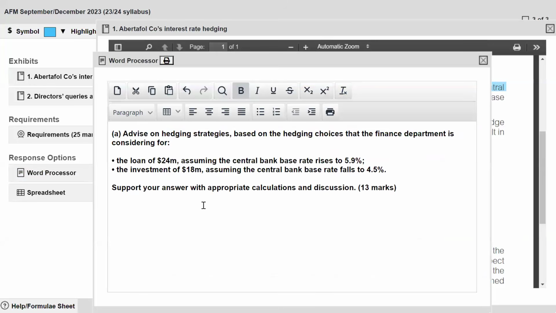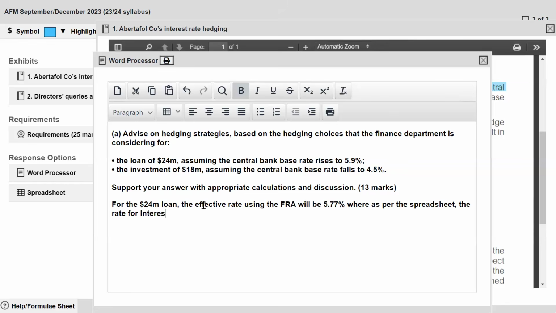So for the $24 million loan, the effective rate using the FRA will be 5.77%, whereas as per the spreadsheet, the rate for interest rate futures is expected to be 5.71%.